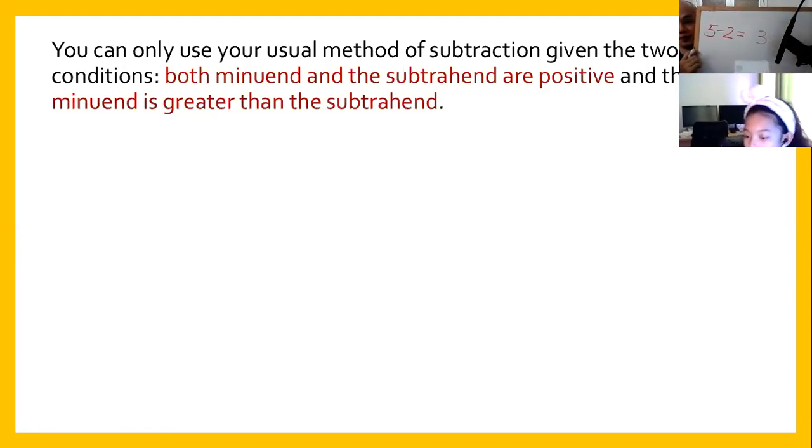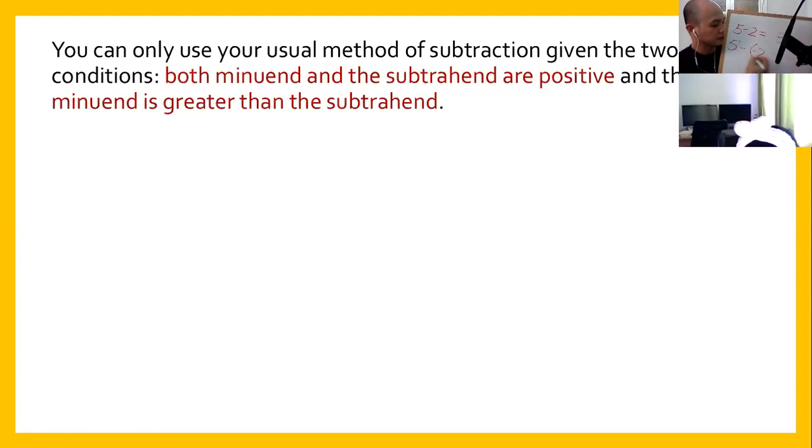Okay, Christelle? When the situation is different from this in any way, you have to do the steps. What are the steps? First, you change the operation. For example, if you have this equation, positive 5 minus negative 2, this is a different situation from here.